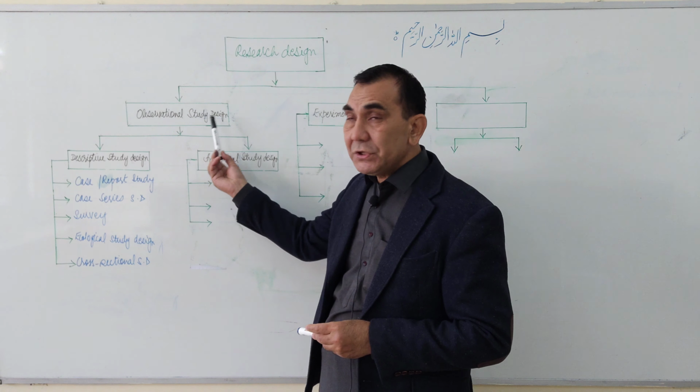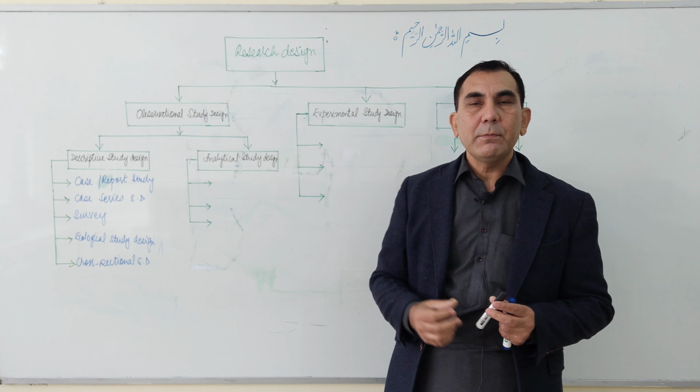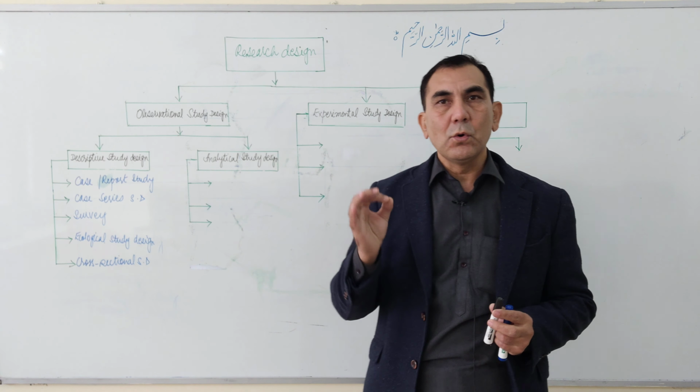The observational study design is the type of research design in which the researcher does not involve any activity or intervention, either medical, surgical or nursing, and does not conduct or perform any drug trial. So it is called the observational study design, which is conducted in a natural setting.